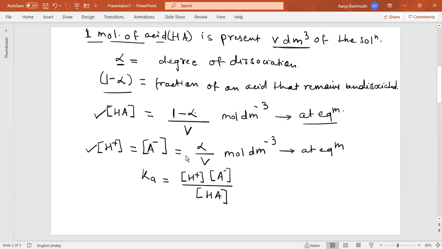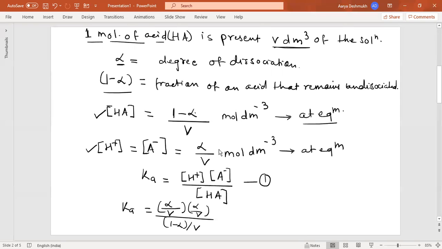Calling this equation 1, if you substitute the values, Ka will be equal to alpha upon V for H plus at equilibrium, times alpha divided by V for A minus, divided by 1 minus alpha upon V for HA.